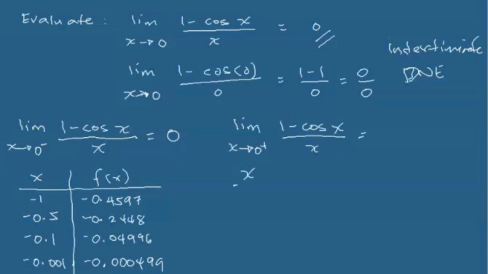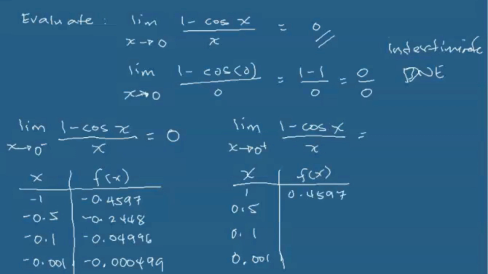Let's construct again a table, and let's start with 1. We have 0.5, 0.1, and 0.001. For 1 minus cosine 1 over 1, we'll get 0.4597.